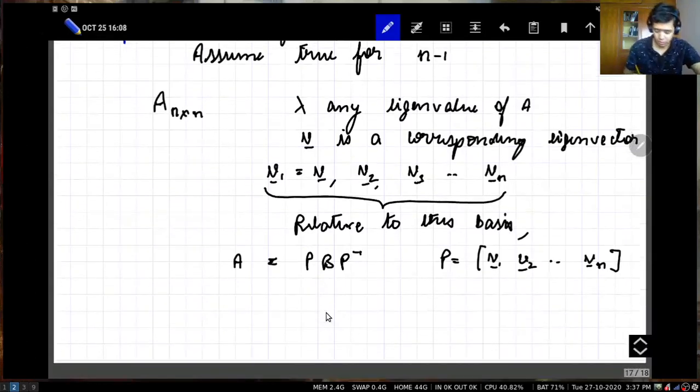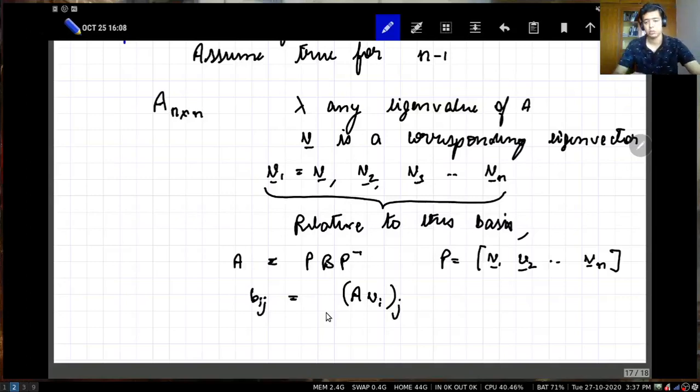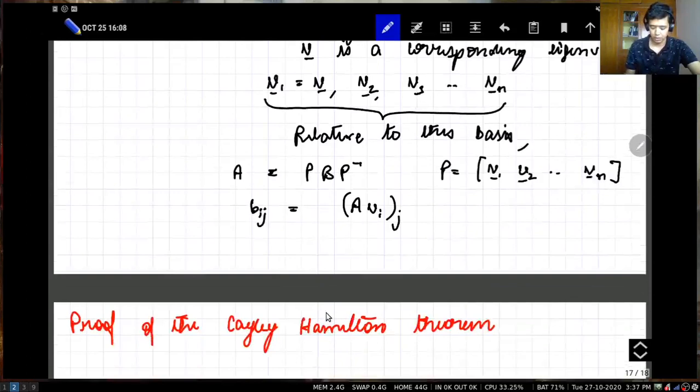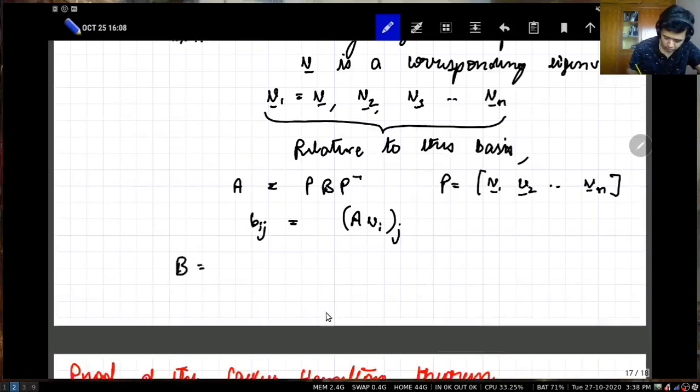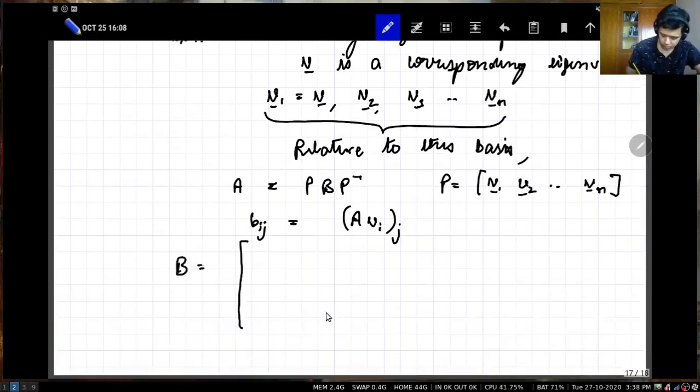And what is B_ij? The ijth entry of B is: you take A times vj and look at the ith coordinate of A times vj with respect to this particular basis v1 through vn. If we look at that, the matrix B will have the following form.